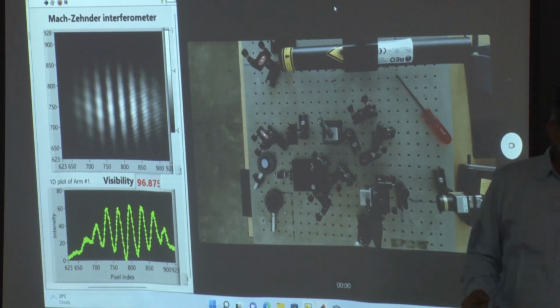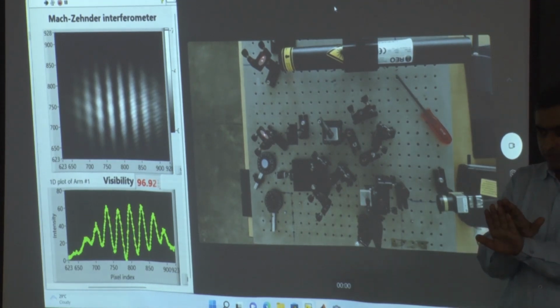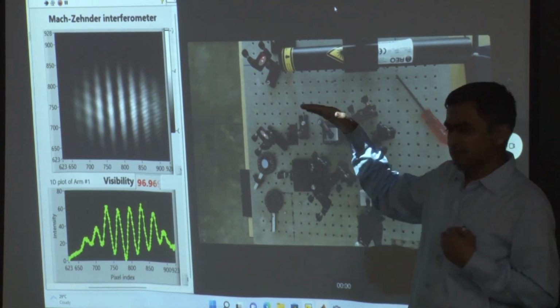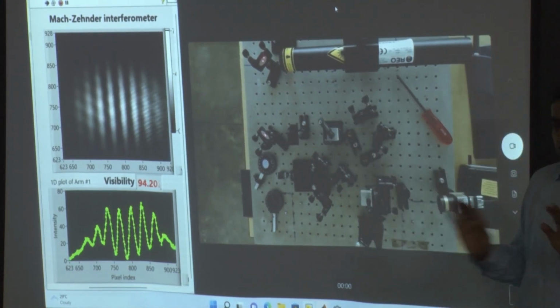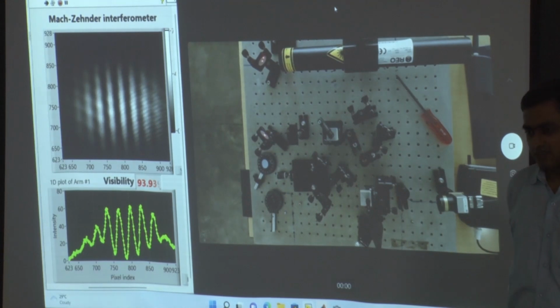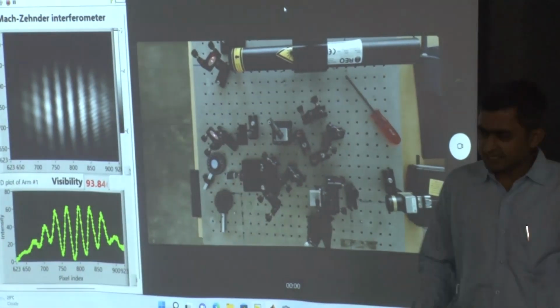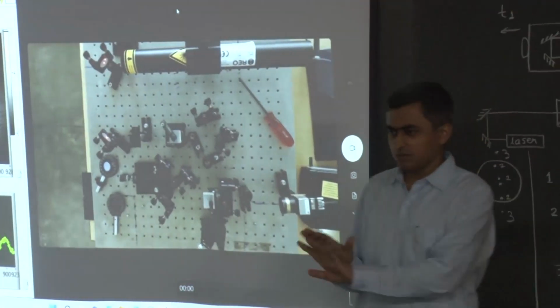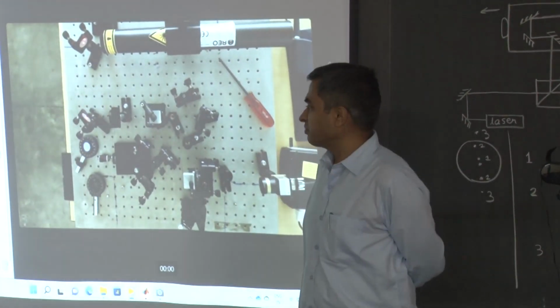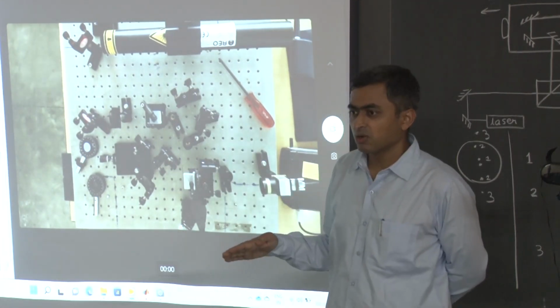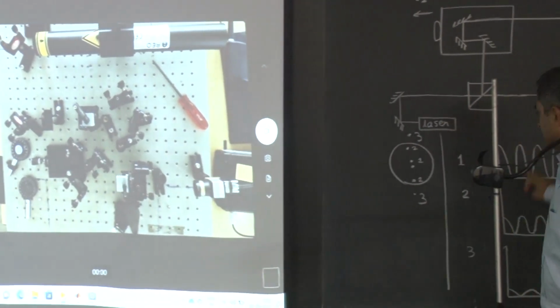But since there is not perfect overlap of the beams coming in the two arms, some maximum intensity can become lower or higher, but there will not be much difference there. And that can always be worked out. But it will not be an order of magnitude lower or higher, which is what you will see in this kind of thing.